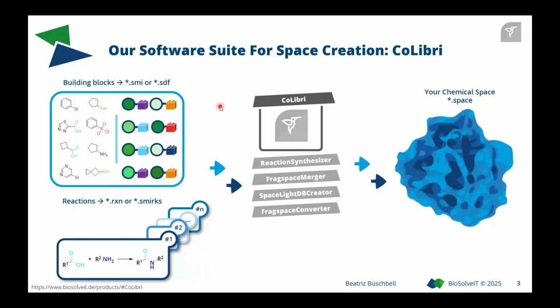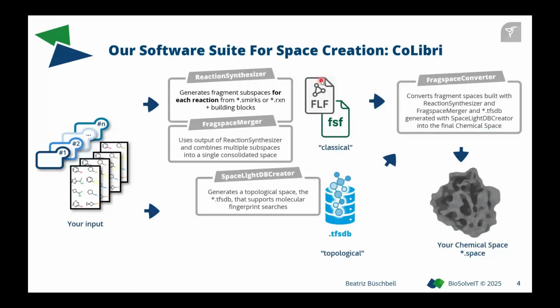Okay, so let's dive a bit into the components of CoLibri. You need to provide for this command line application your input, which are your coded reactions and your building blocks. The first step would be to use the reaction synthesizer that generates a fragment subspace for each reaction from these SMIRKS or RXN, the reaction definitions that we will talk about in the end, and the respective building blocks that you want to use as SDFs.